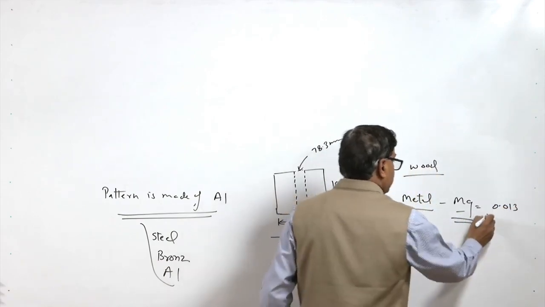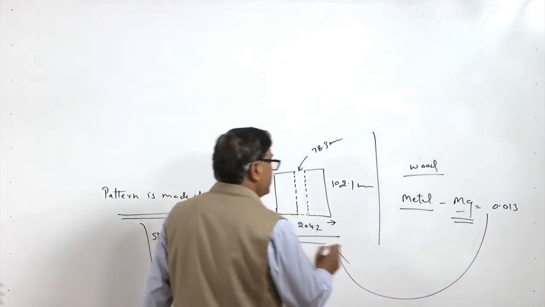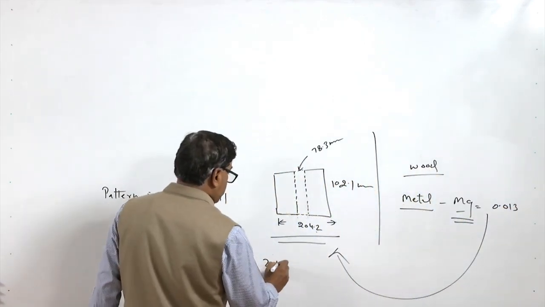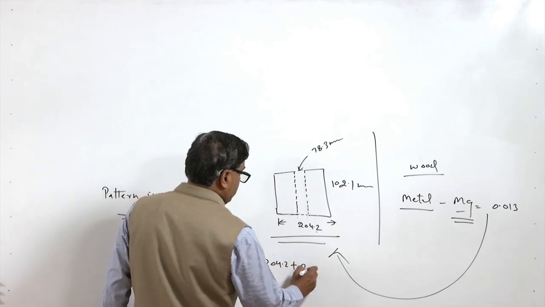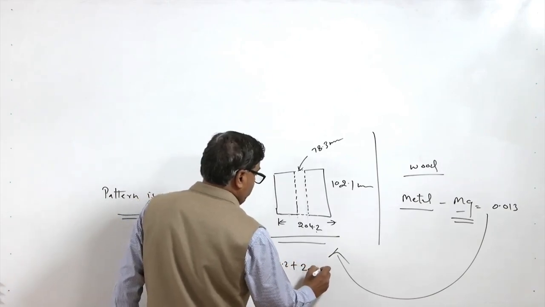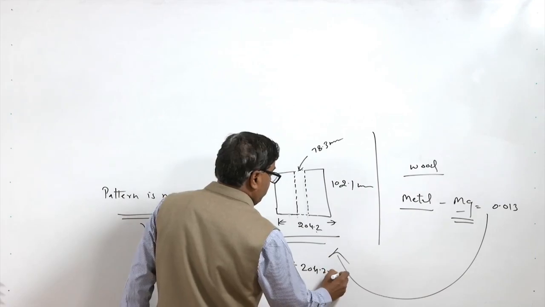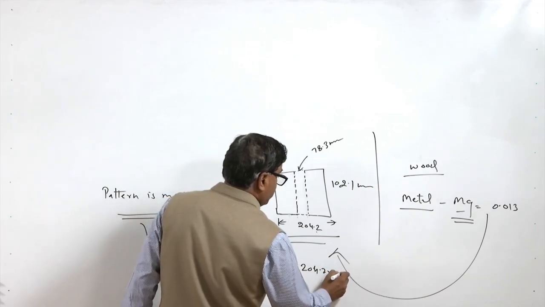0.013. So, then this one will be calculated again, like say 204.2 plus 204.2 multiplied by 0.013.